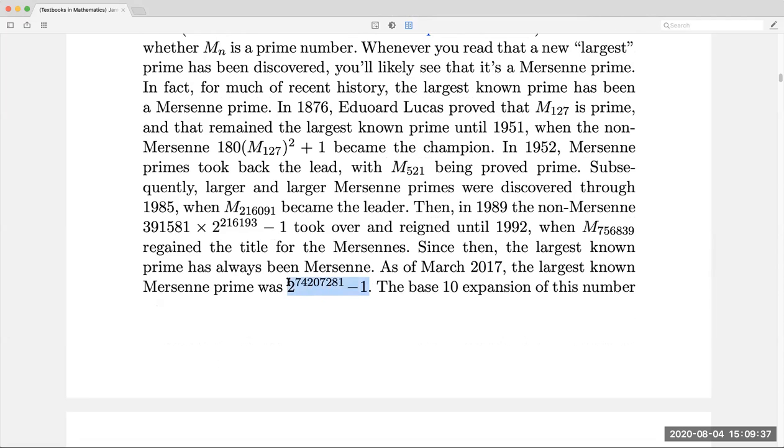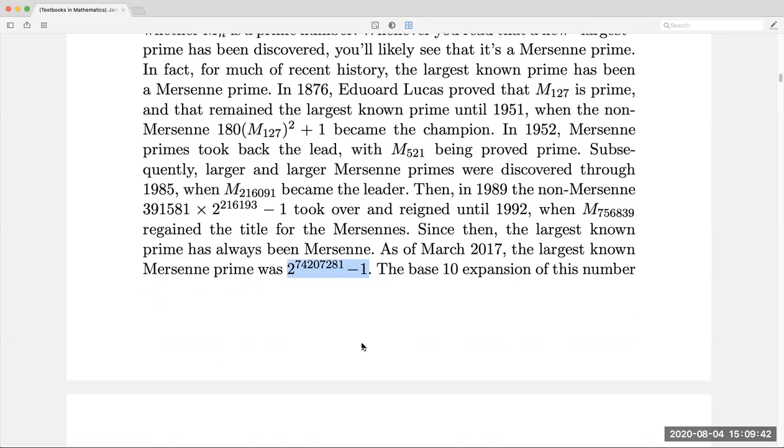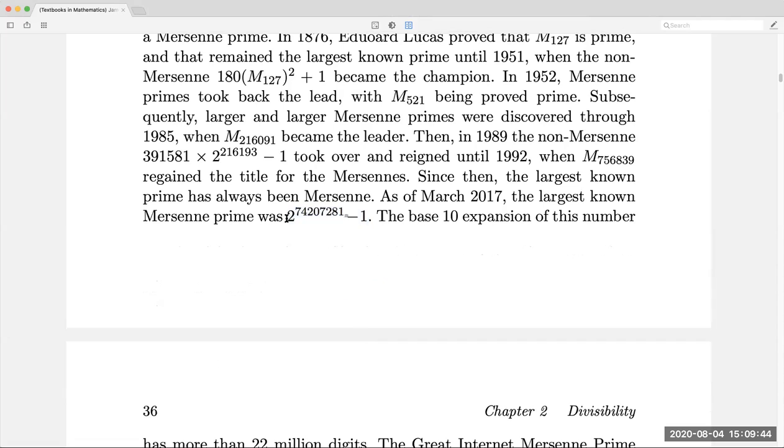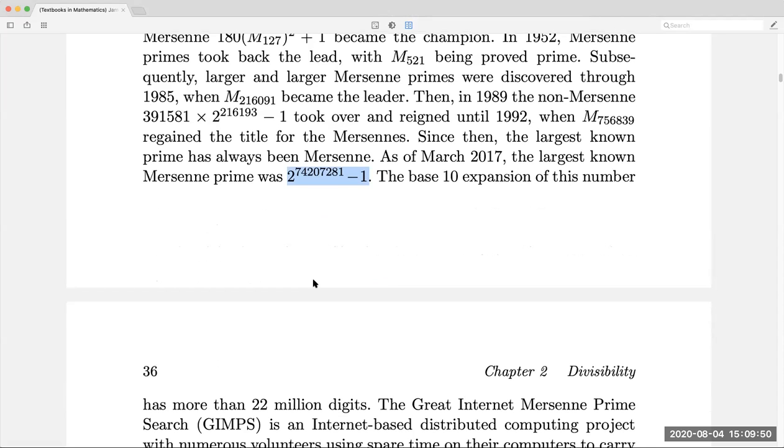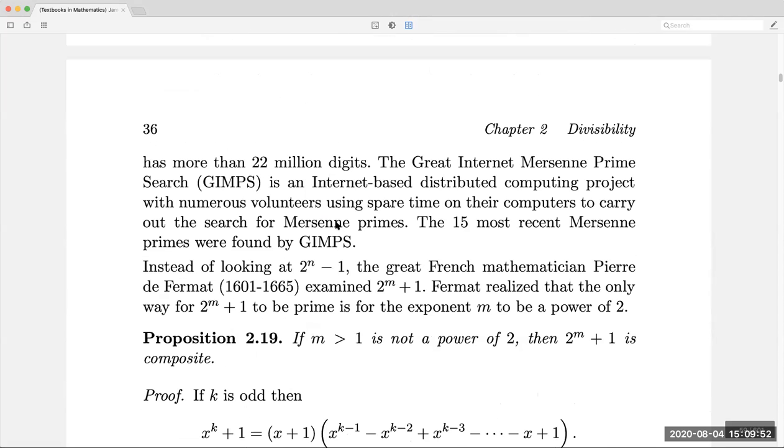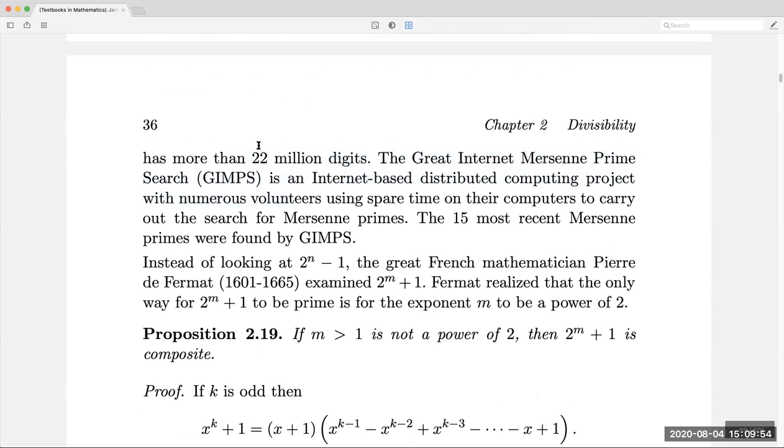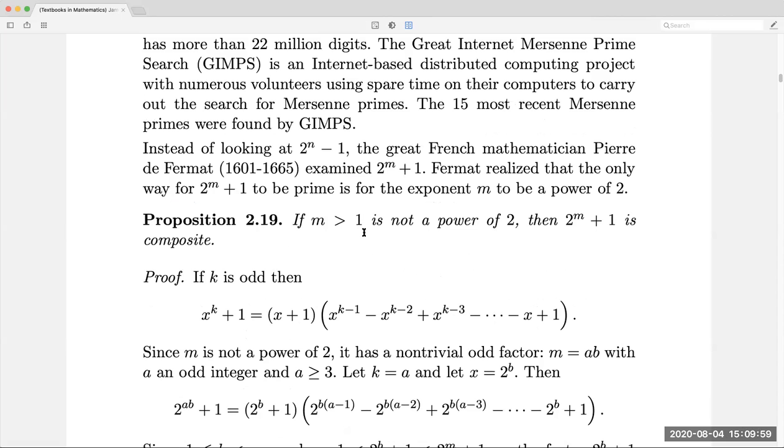So you say that the largest prime we know is this one. I think they use a supercomputer to show it. But I think your computer cannot do such a large number.